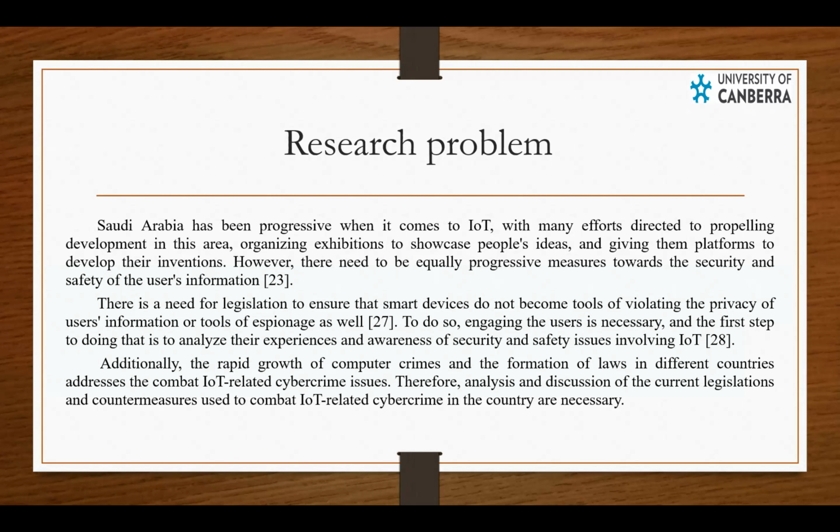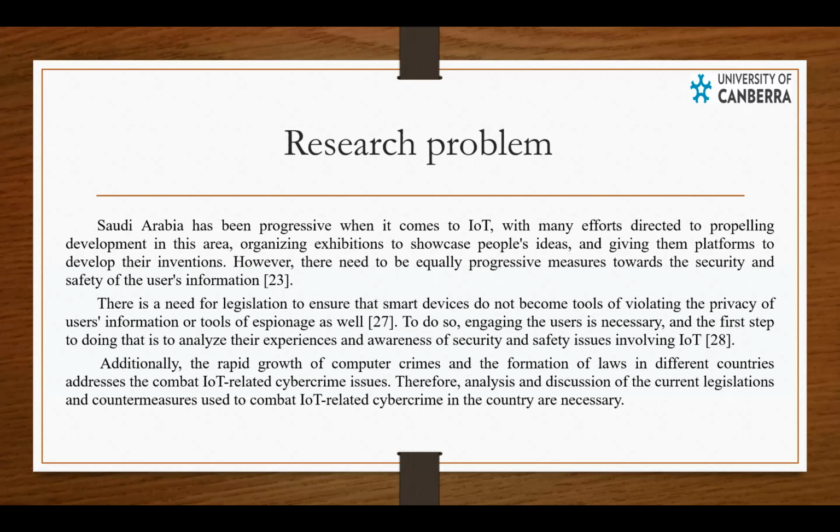However, there is a need for equally progressive measures toward the security and safety of the users' information. There is a need for legislation to ensure that smart devices do not become tools of violating the privacy of the user information or tools of exploiting the user's information as well.